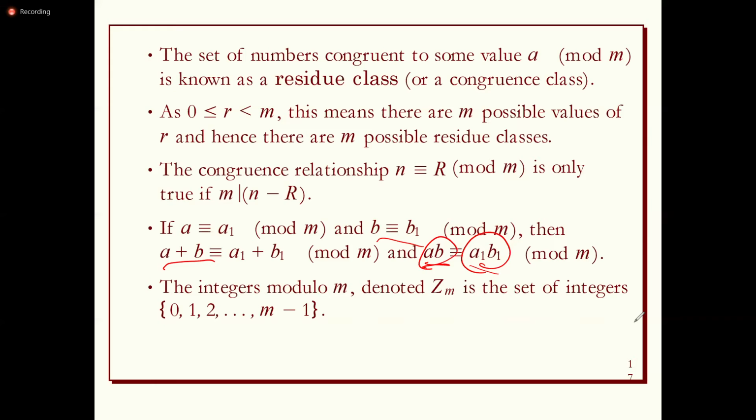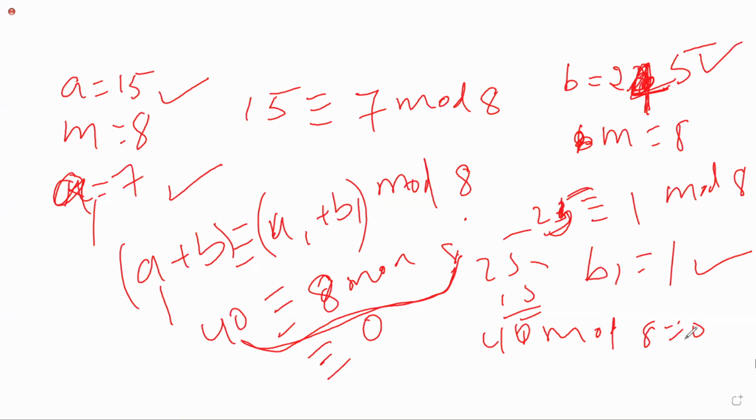Then, if there are some integers which represent the modulo M, then we can denote that by using Zm. So Zm is nothing but the set of integers between 0 to M minus 1. So M is the mod value. Suppose we can represent Z7. Z7 is the set of all positive integers including 0.